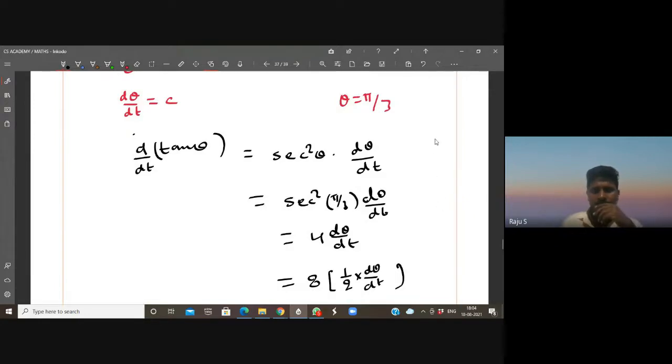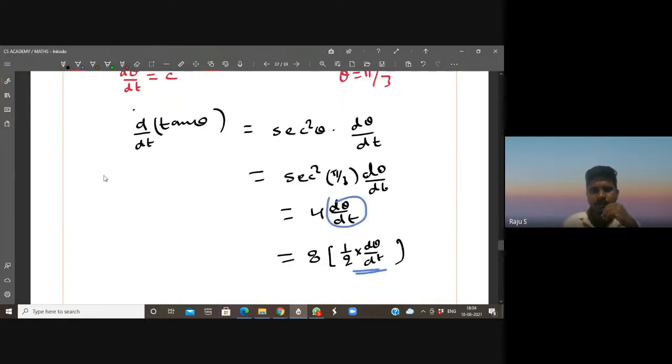When theta is equal to pi by 3, we have to express in terms of sine or cos this value.